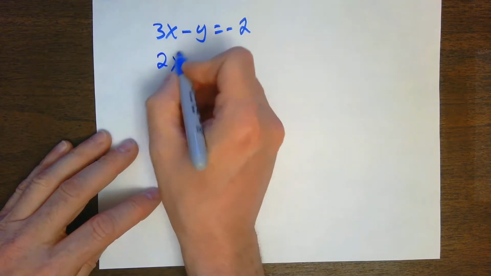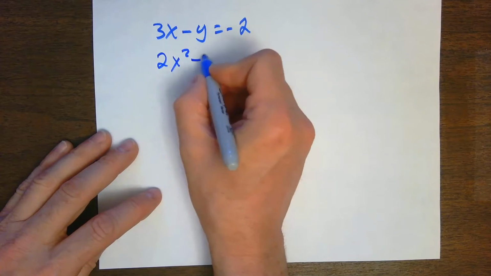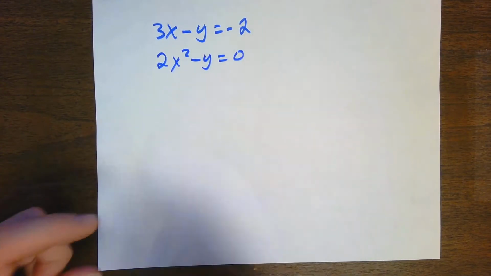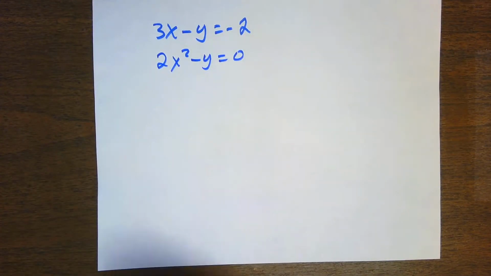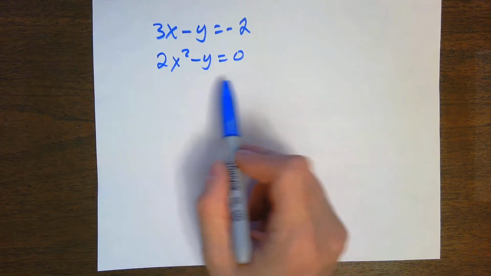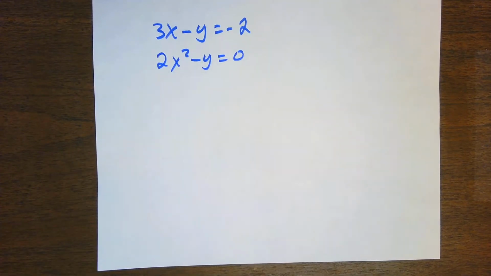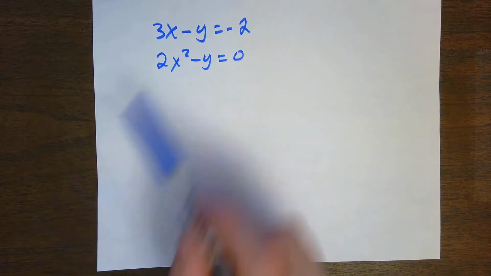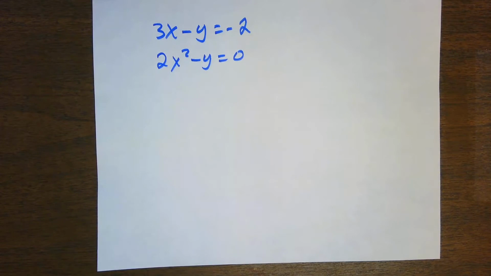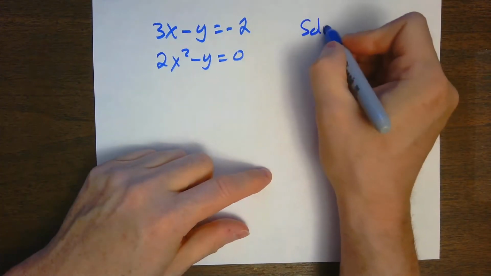And then 2x squared minus y equals 0. That is a parabola. If I subtract the 2x squared and divide by negative, I get y equals 2x squared, which is a nice, well-behaved parabola. So I've got a line and a parabola, and I want to solve the system.